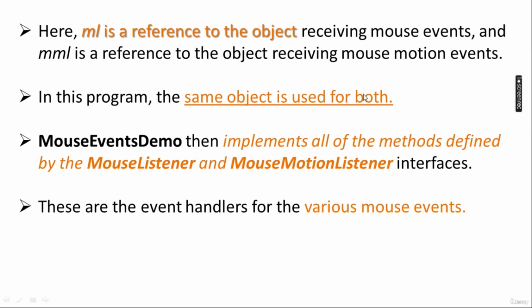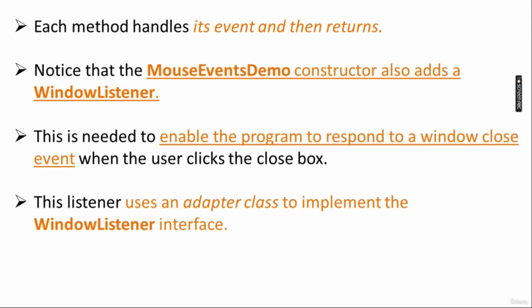The same object is used for both purposes. MouseEventsDemo implements all of the methods defined by MouseListener and MouseMotionListener, whatever we have overridden. And these are the event handlers for the various mouse events. Each method handles its event and then returns immediately, which is compulsory. The MouseEventsDemo constructor also adds the window listener.